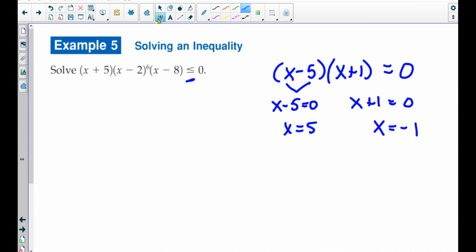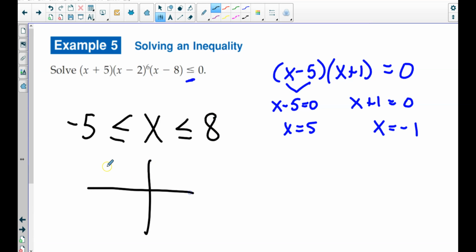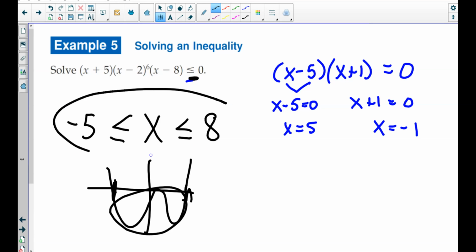So the answer to this inequality is that x is between, that means it's greater than or equal to negative 5, all the way up to equal to 8. Remember the graph looked like this. Between negative 5 and positive 8, these values are all below the x-axis. That's my solution. Okay, I'm going to stop there and let you practice that with a few problems for your assignment.